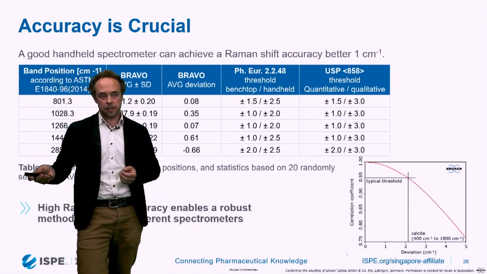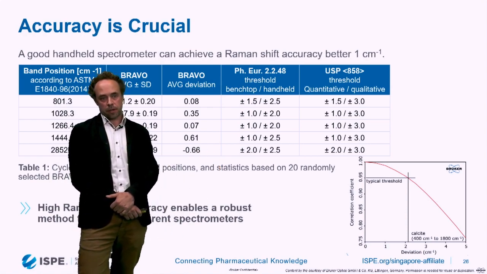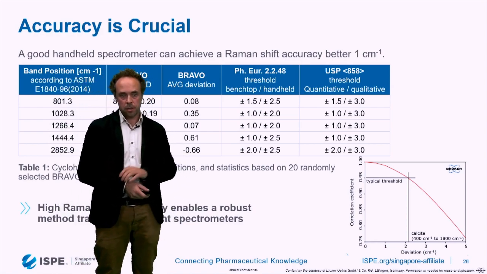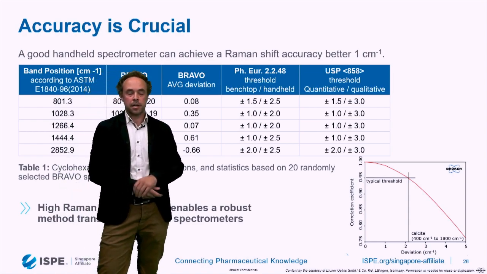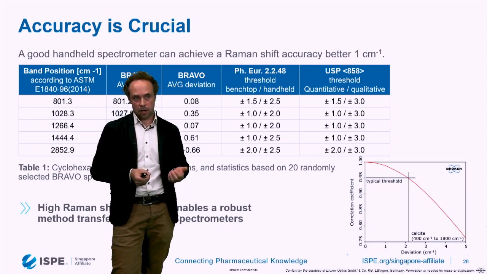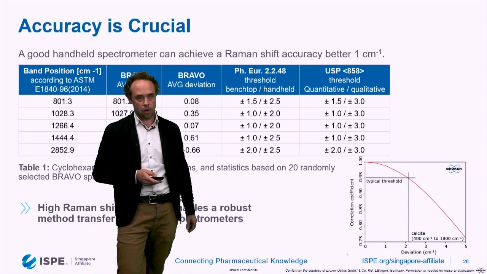And in this example here, we show the change of the correlation coefficient, if we use a simple correlation-based approach, as a function of the deviation in Raman shift accuracy. And already at a change of two wave numbers, we come close to a threshold of 0.95, which is commonly applied.